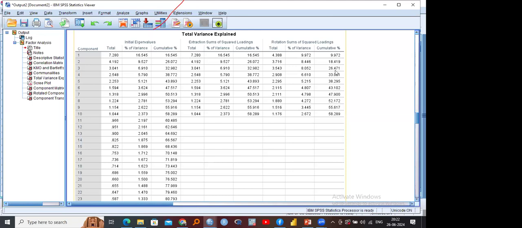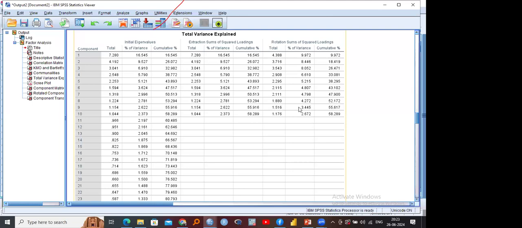So now what the software has done, or what this Varimax rotation does, for each component, this was the initial variation: 16.5, 9.5, 6.9, 5.7, right, taken from here. Now it has tried to maximize each variation, as much as possible.